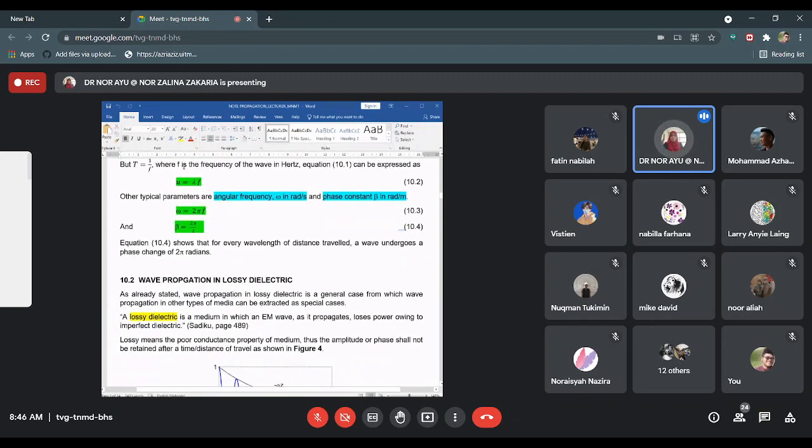Okay, so all this shows that for every wavelength of distance traveled, a wave undergoes a phase change of 2 pi radians, okay, for this one. So however far the distance we travel, for a single wavelength, a wave undergoes a phase change of 2 pi radians.